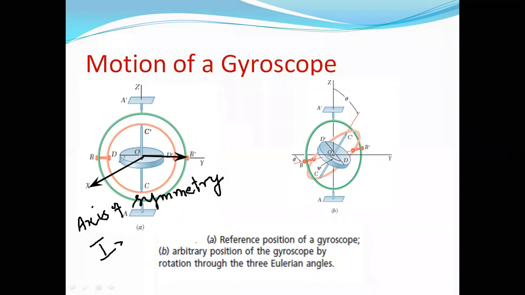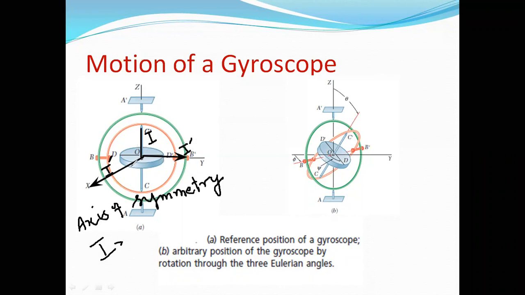Now let's assume the moment of inertia about the z-axis as I. And since the x-axis and y-axis for this disk are the same, we assume the moment of inertia about them as I prime, because both these axes are transverse.